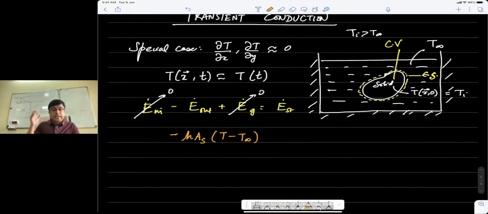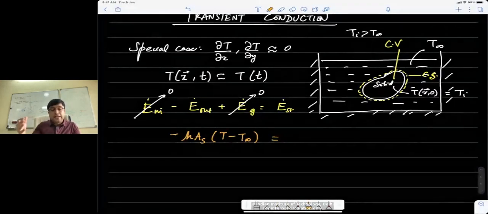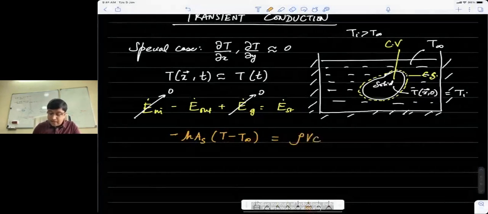That is the rate at which heat is going out, and that should be equal to the rate at which the storage term is changing. So the storage term would be m Cp dT/dt. So the mass can be written as rho times its volume. Cp, the heat capacity, I'm just going to write as C, dT/dt.